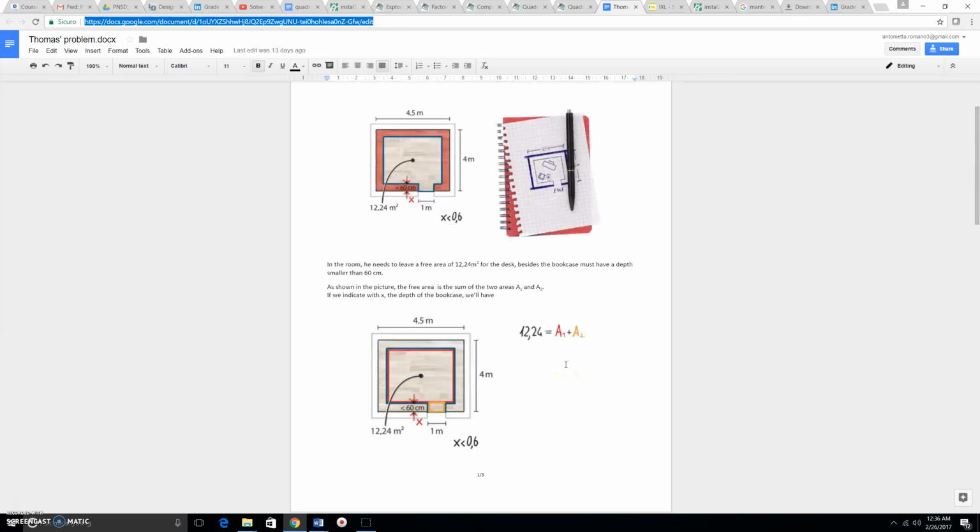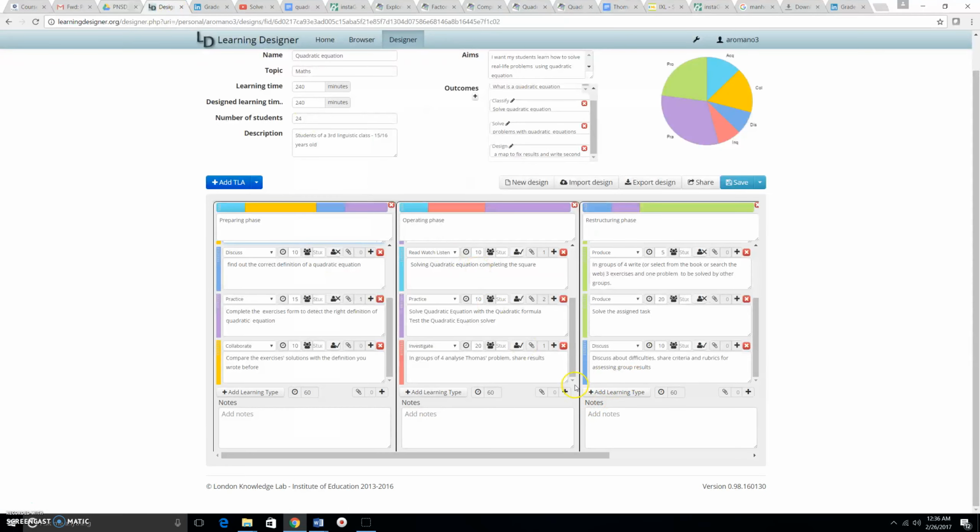With this data, supported by the teacher and also by the picture, they learn that to solve the problem they have to study the area of the two rectangles. On pages 2 and 3 there is the solution of the problem, but before that they are required to discuss in groups and share the results.